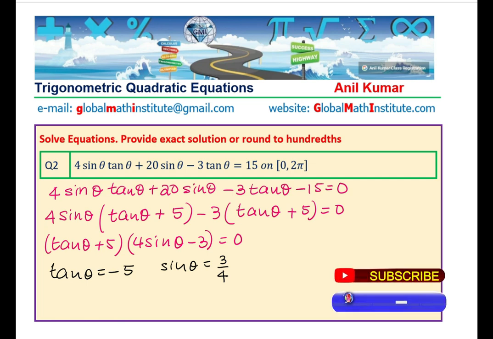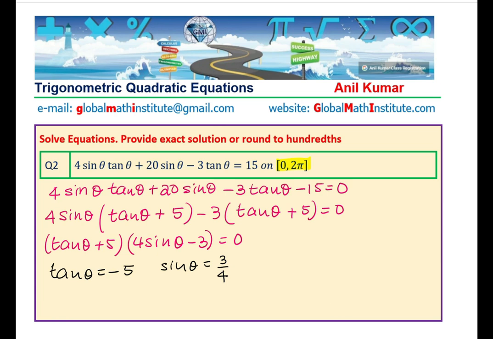Within the domain of 0 to 2 pi, tan theta is minus 5 means we have two solutions here. Minus means we are looking at quadrants 2 and 4.